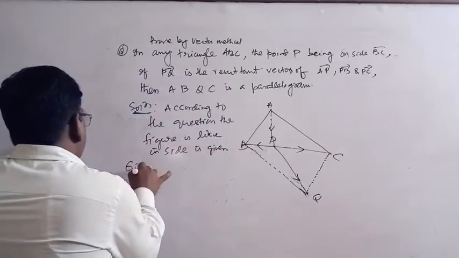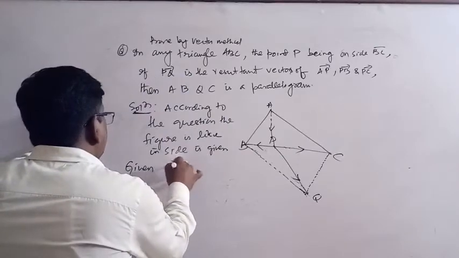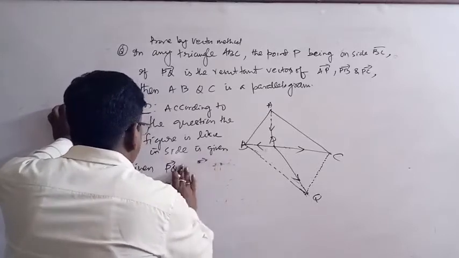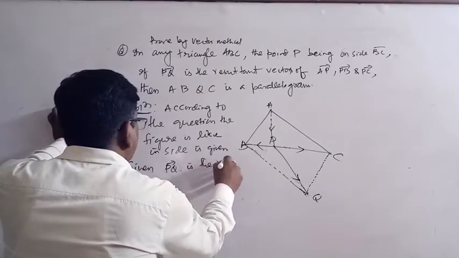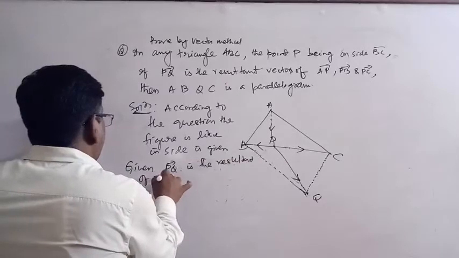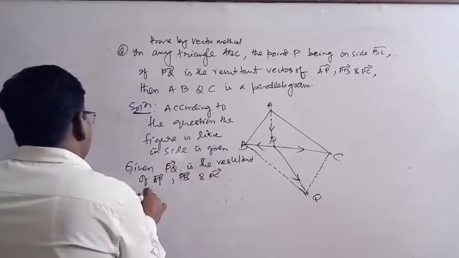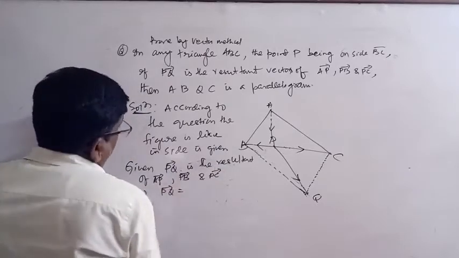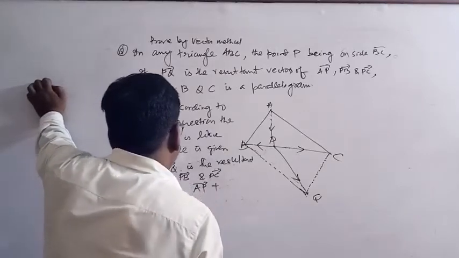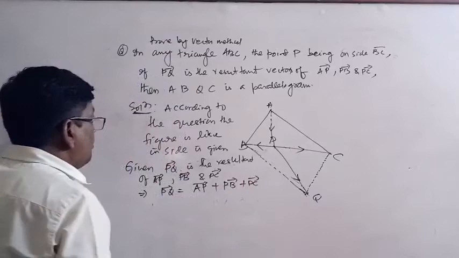Also given, PQ is the resultant of AP, PB and PC. That implies PQ is equal to AP plus PB plus PC.